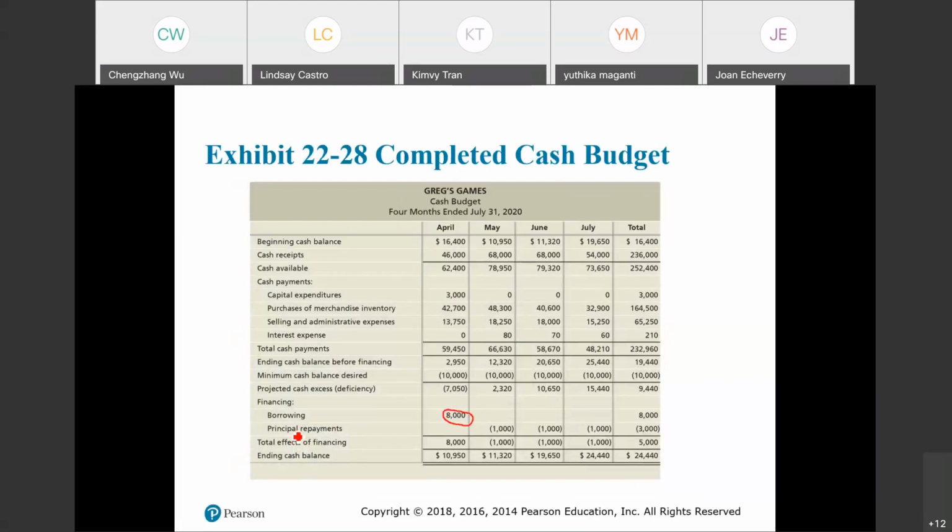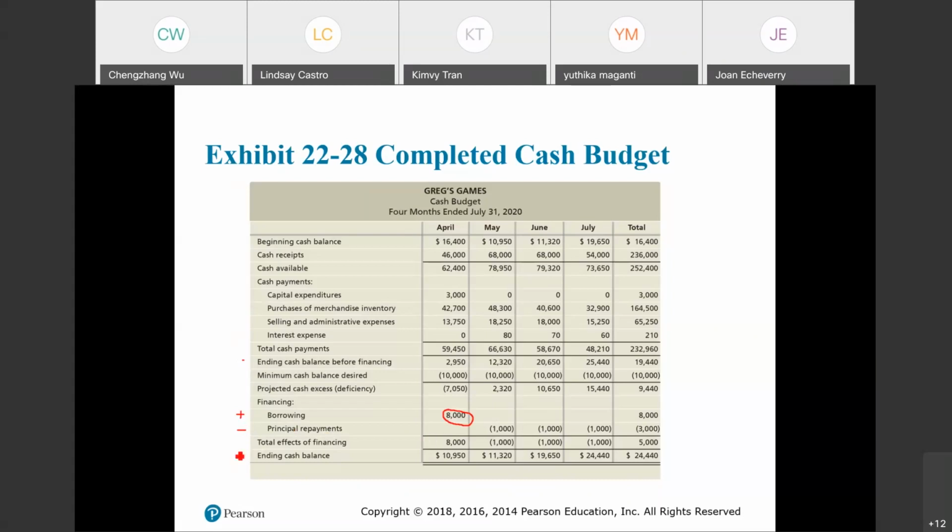With the financing of cash, that is a plus of $8,000, minus principal repayments, which is $0 in April.